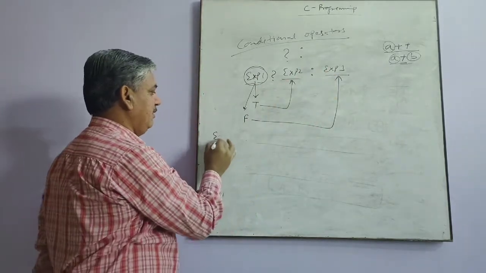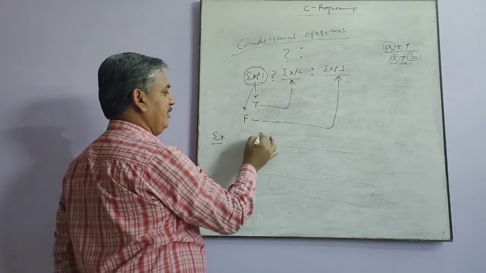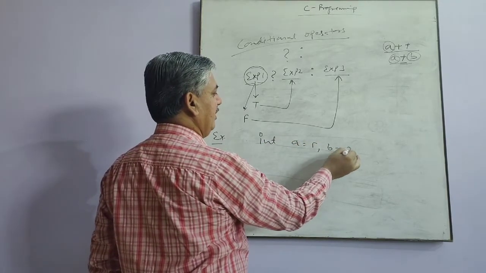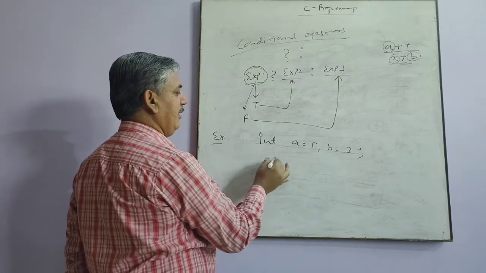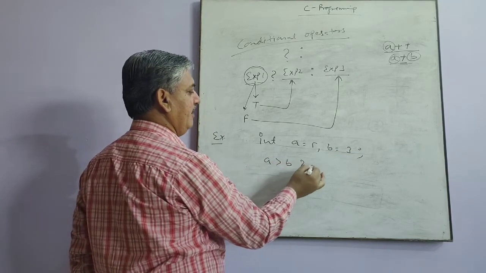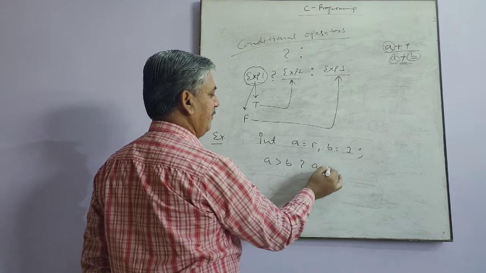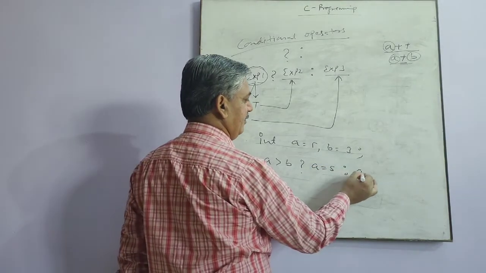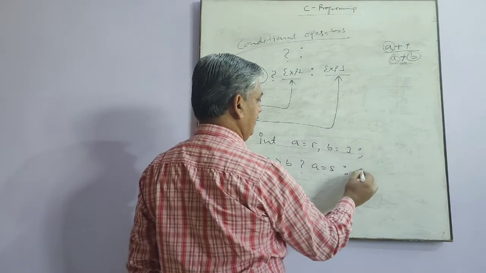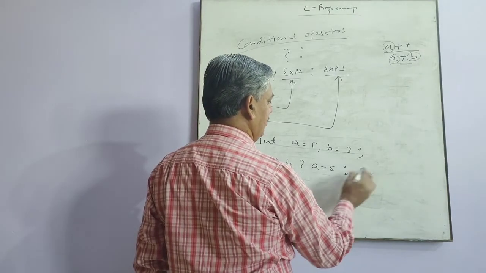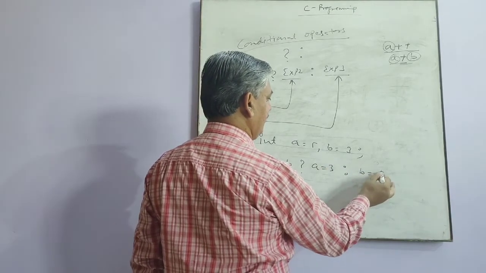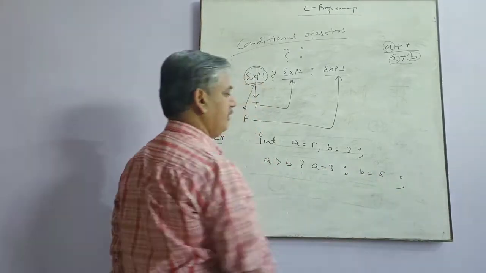For example, suppose I write int a equals 5, b equals 3, a greater than b, then a equals 3 and b equals 5.